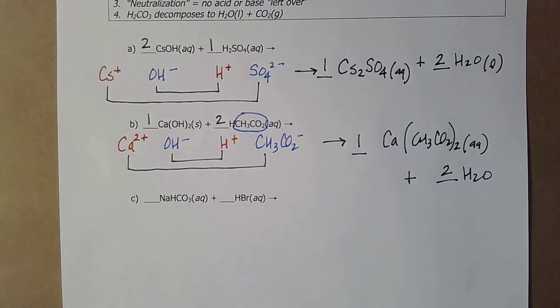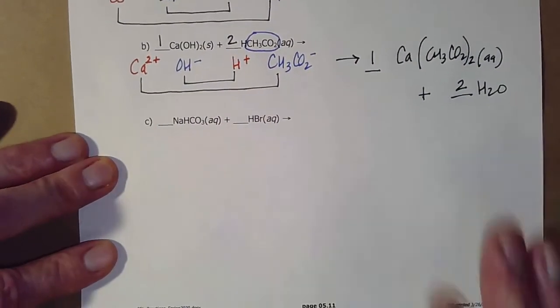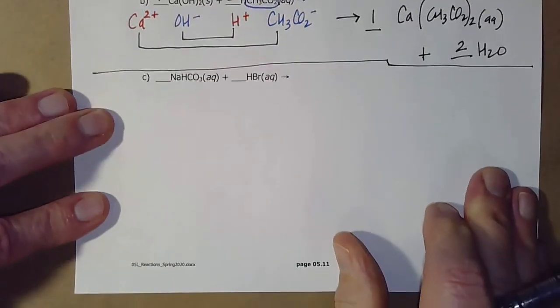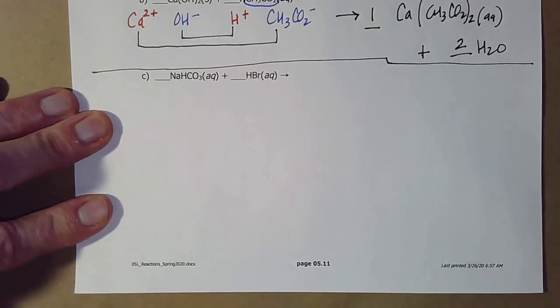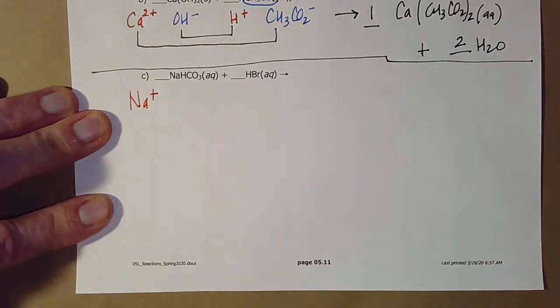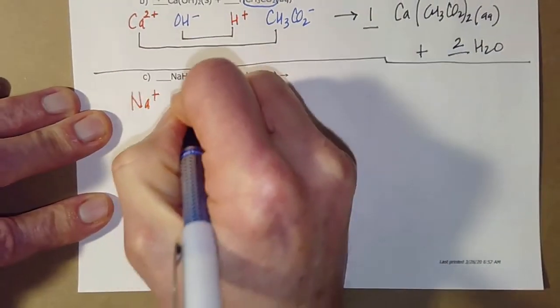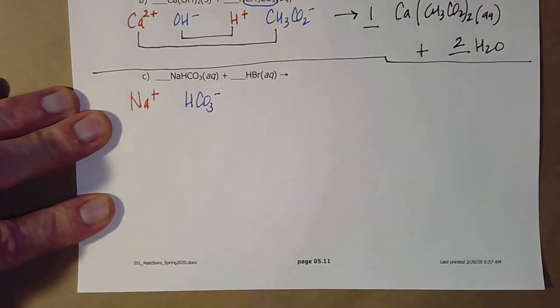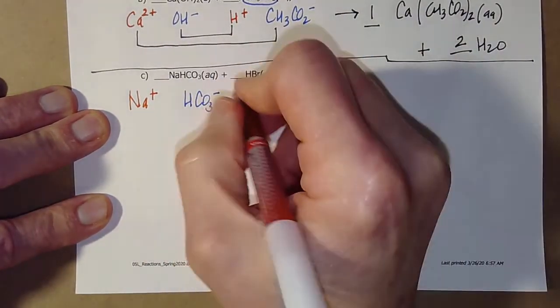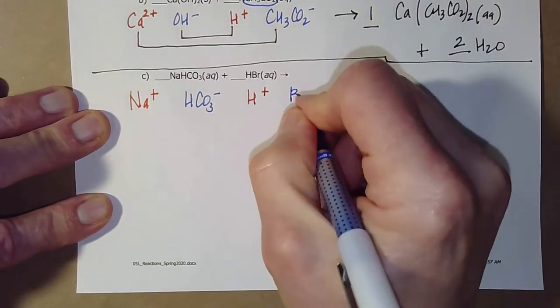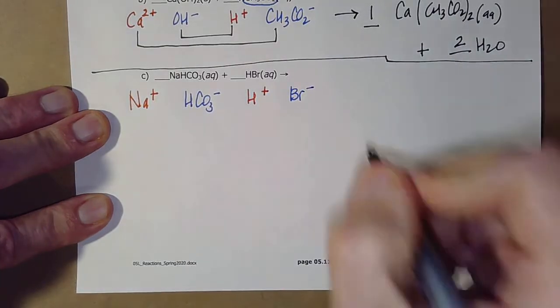Now it's going to get a little more interesting. This reaction C is quite different. I'll do the same trick: sodium ions, bicarbonate ion. There's my HBr, strong acid, H plus, Br minus.